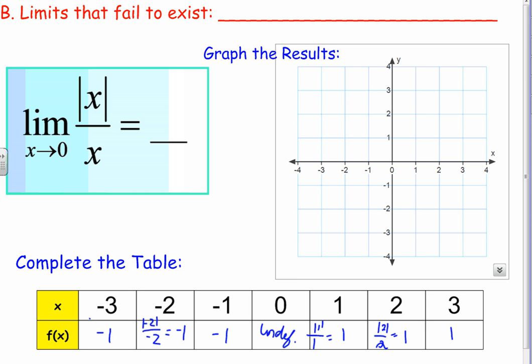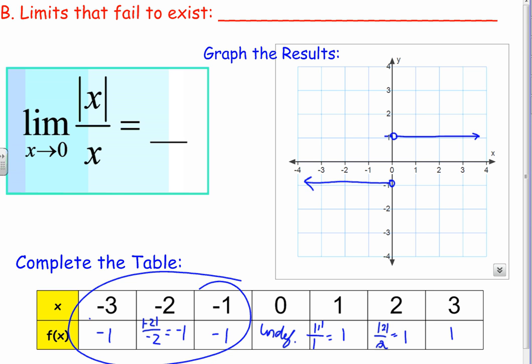So this function is undefined at 0, and then it's 1 everywhere else on the right side of 0. Over here, we always got -1. So when it's at 0, it's undefined, open circle. Otherwise, the function's value is -1.